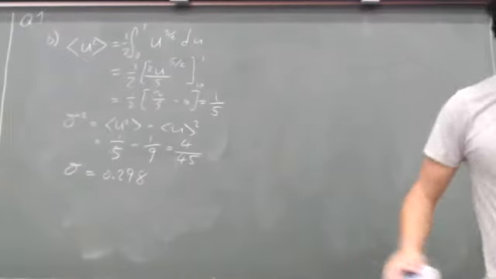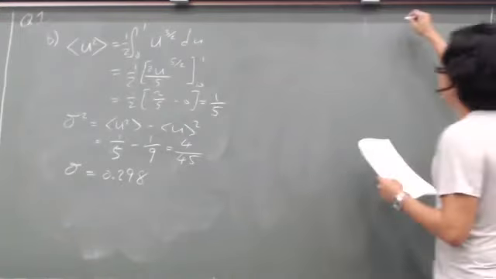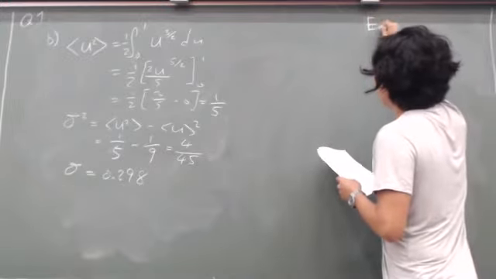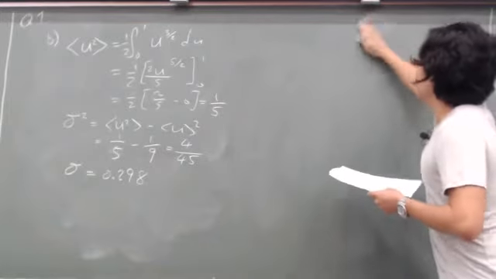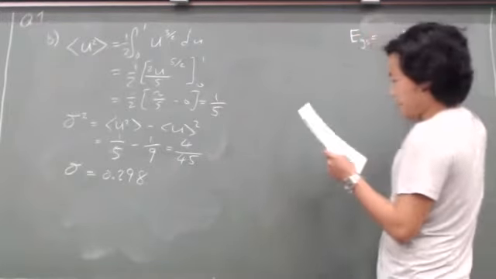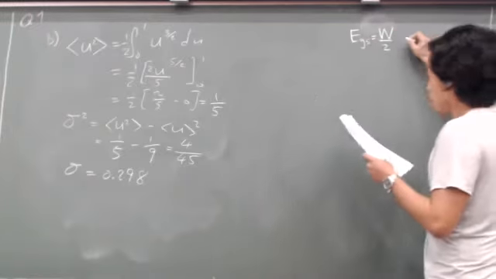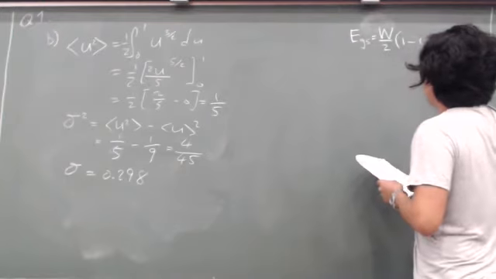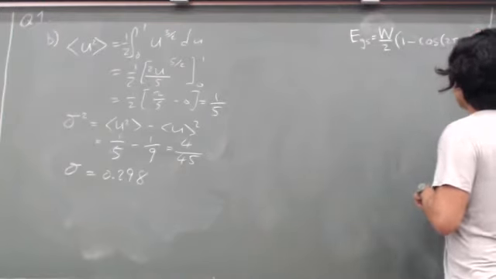Okay, so for the next part, you go to another energy limit, but at this point the only thing that's changed is that your ground state energy is now in terms of something else. Is that too high? Your ground state energy, EGS, is now given by some factor W on 2, times 1 minus cosine of 2 pi ng.